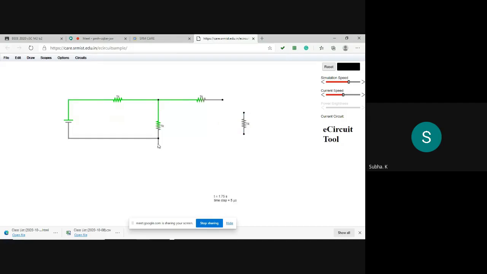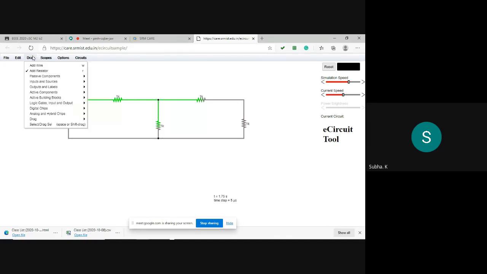Adding wire, I'm connecting. Okay, one more 1K is necessary.